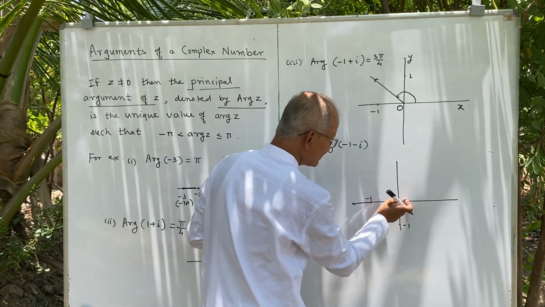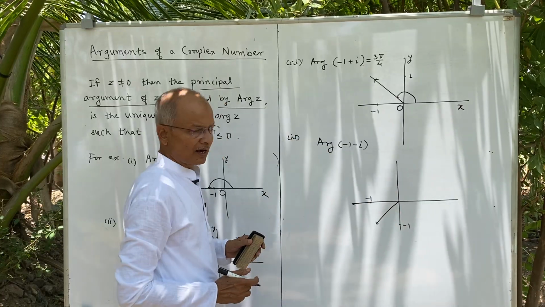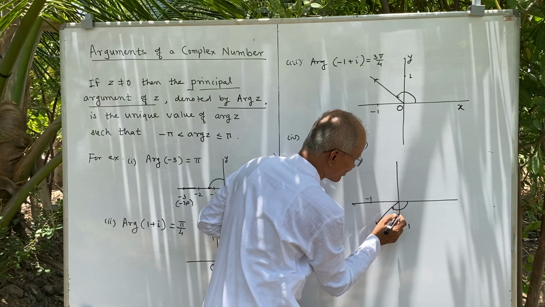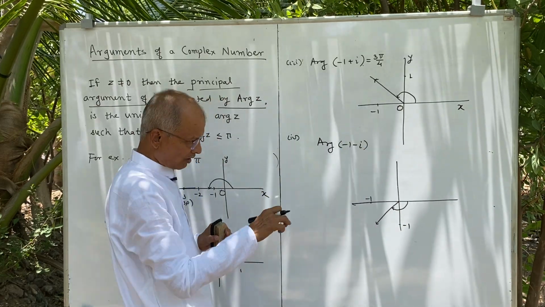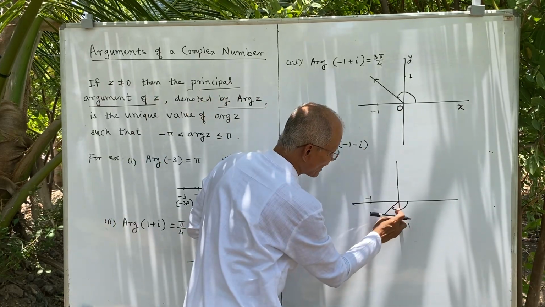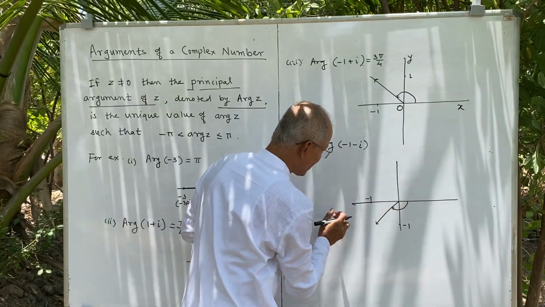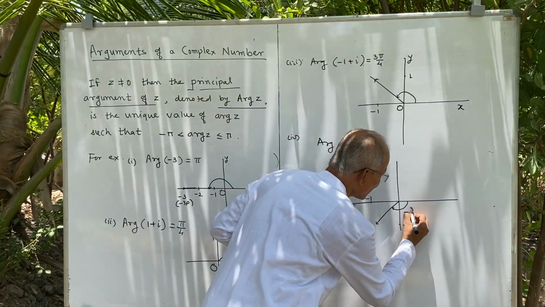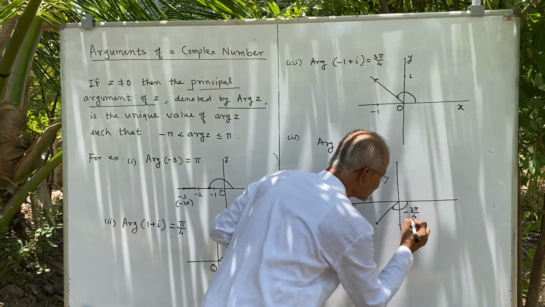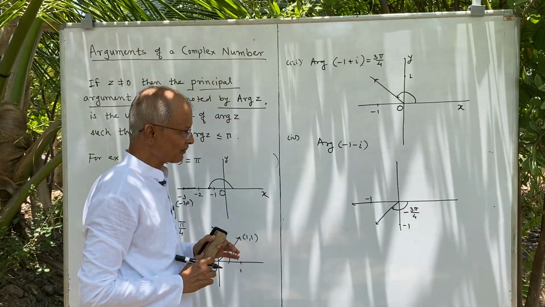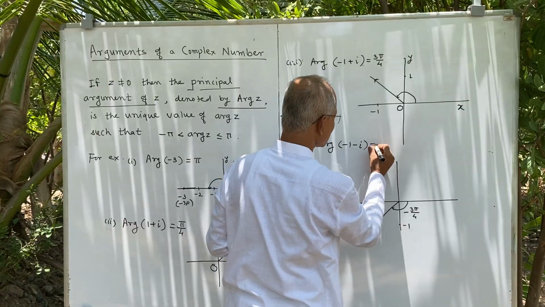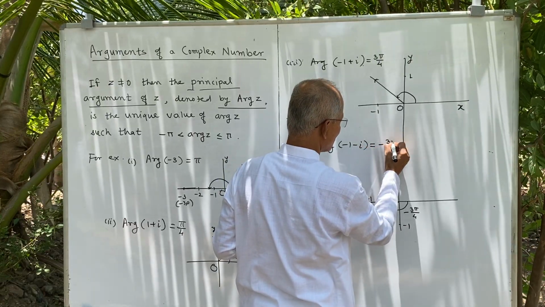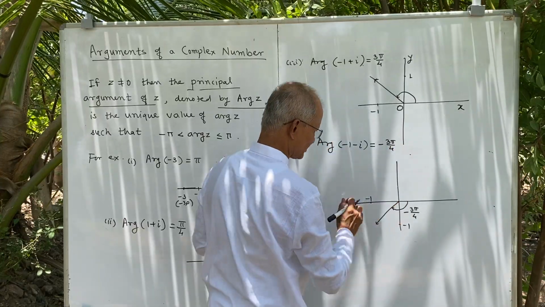If you measure the angle in anti-clockwise sense, it will be greater than pi, so here the angle is measured in clockwise sense. Up to this is pi by 2 and this is pi by 4, so pi by 2 plus pi by 4 is 3 pi by 4, but because angles measured in clockwise sense are considered negative, the argument of -1 minus i is minus 3 pi by 4. You note this.